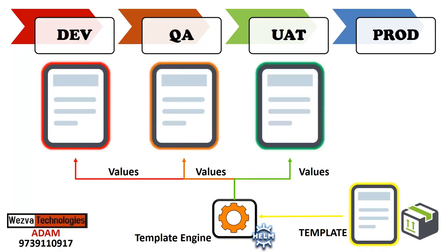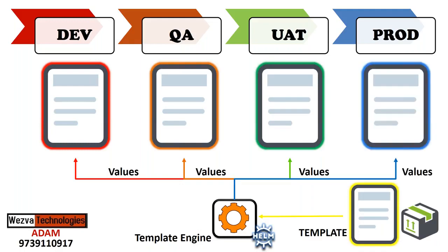Same way, if I want to install the same package on my pre-production or production, then I might give the replicas as something different, or the config map will be different. So that is how it will be easy for us to create a single package in the format of a template, and with the help of the template engine which is available in Helm, we will be able to make sure that the values will be passed dynamically.